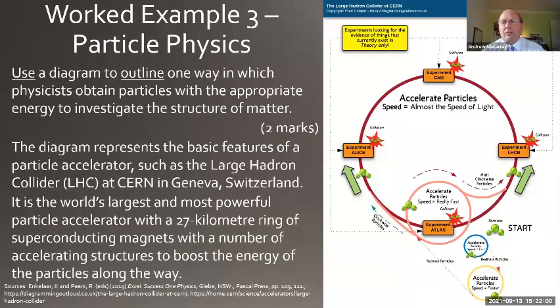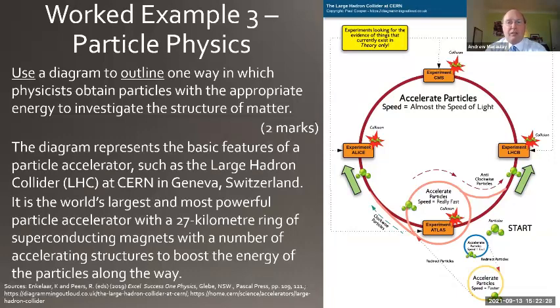So you can see that there are 4 orange experiments. You can see that there are smaller circles that accelerate the particles, and you can see that the blue one says speed equals fast, the yellow one says speed equals faster, and the orangey pink one says speed equals really fast. And you'll notice that they collide particles and then detect what happens.